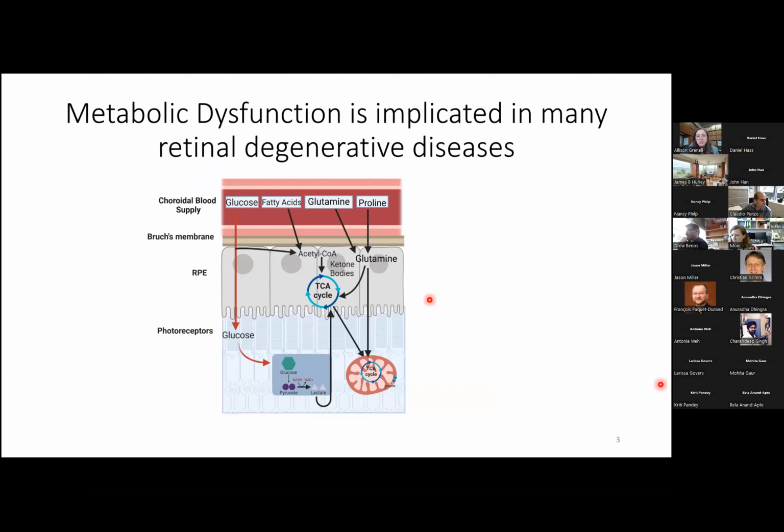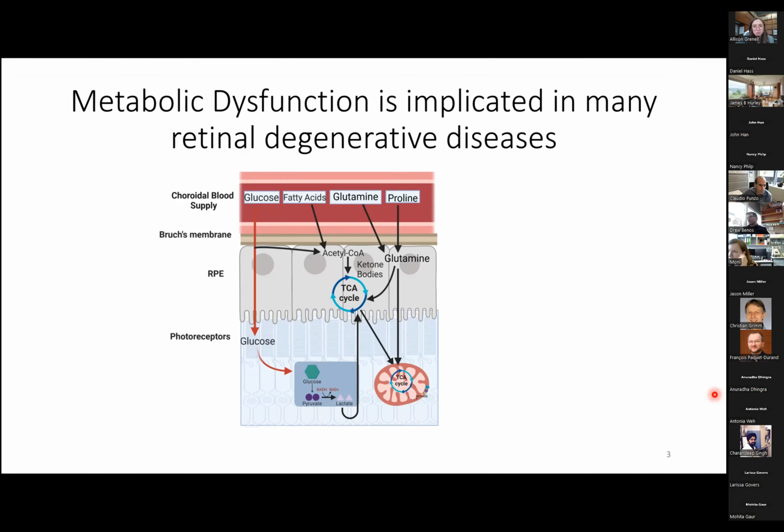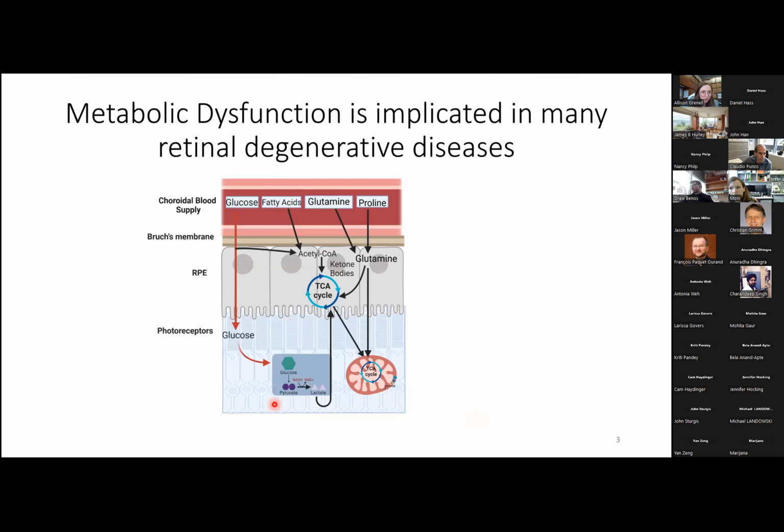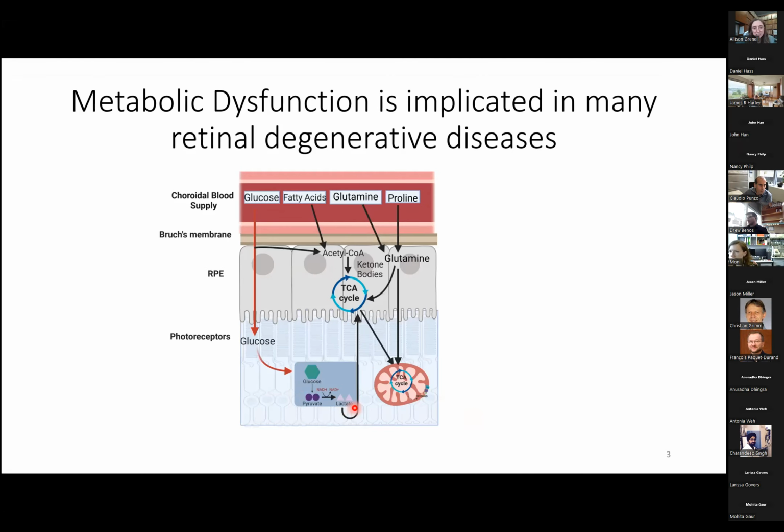As everyone here is well aware, the retina is one of the most metabolically active tissues in the body, and to meet their high energy demands, photoreceptors utilize a process called aerobic glycolysis, where glucose is converted to pyruvate and then lactate, in contrast to the pyruvate going on to enter the mitochondria and the TCA cycle and undergoing oxidation to generate ATP.